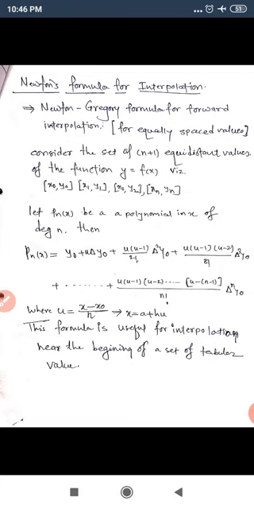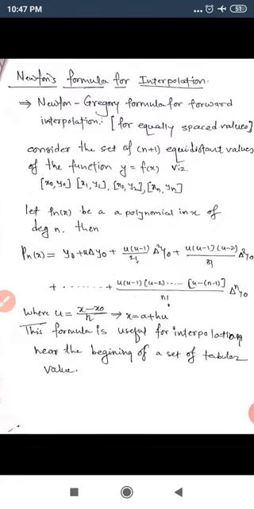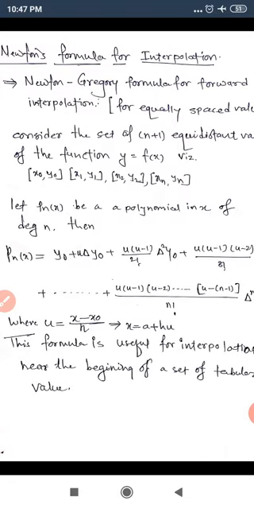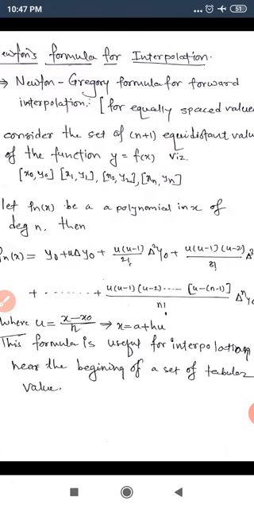Now here, consider the set of n plus 1 equidistant values of the function y is equal to fx, like x0, y0, x1, y1, x2, y2, and so on up to xn, yn, and let Pn of x or f of x be a polynomial in x of degree n. Then Newton's forward formula is this.